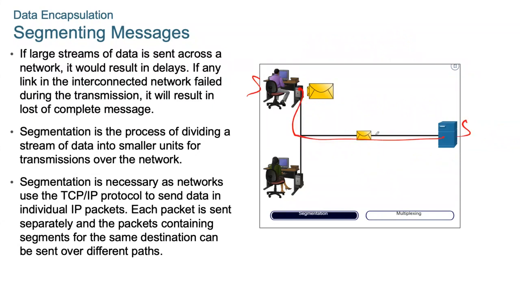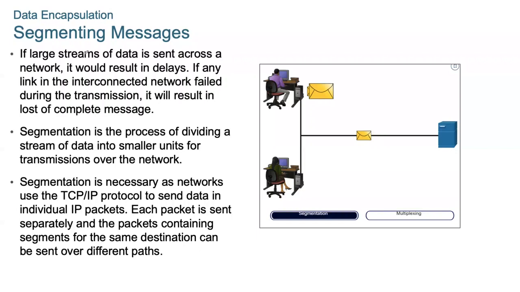Without a dedicated link, they can use the multiple paths which exist between them. It also increases the efficiency of the network. That is the advantage of each packet being sent separately, and the packets containing the segments for the same destination can be sent over different paths.